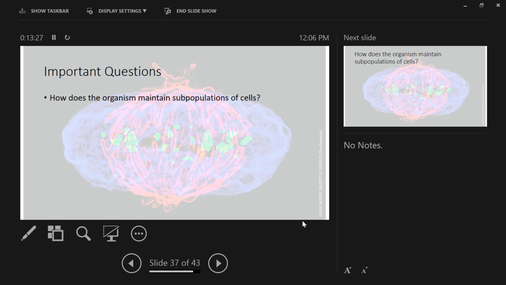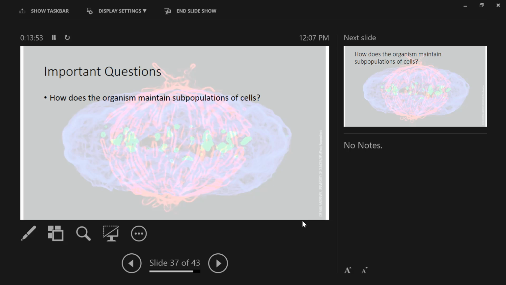All right? So how does the organism maintain subpopulations of cells? First of all, what is a subpopulation of cells? Not even of just a different tissue necessarily, but a cell of a different type even within the same tissue.